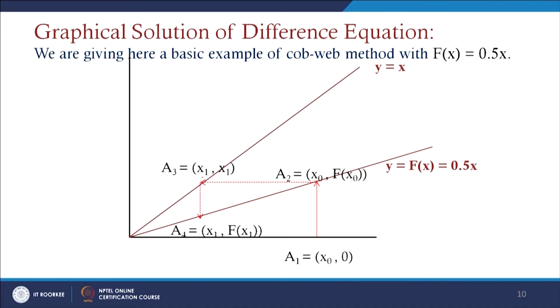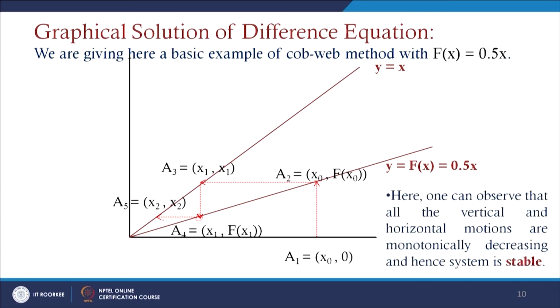Then we put the functional value of the point along this line. Then again we go towards this point. Since x1 is known to us, we can find f of x1 and put the perpendicular line on the y equals x line.